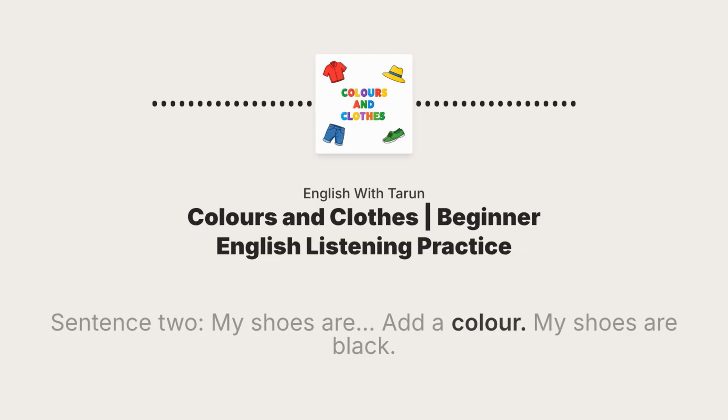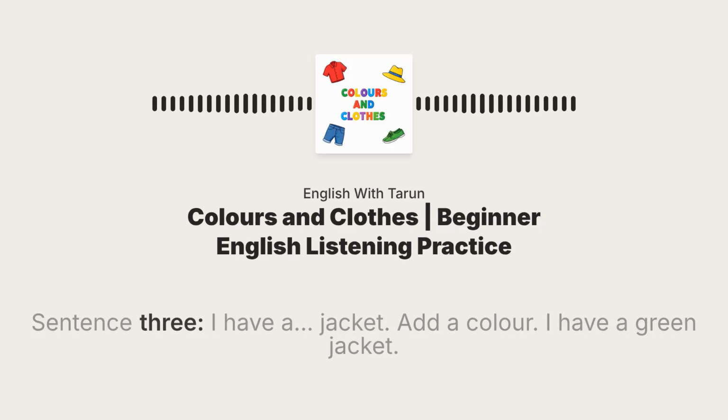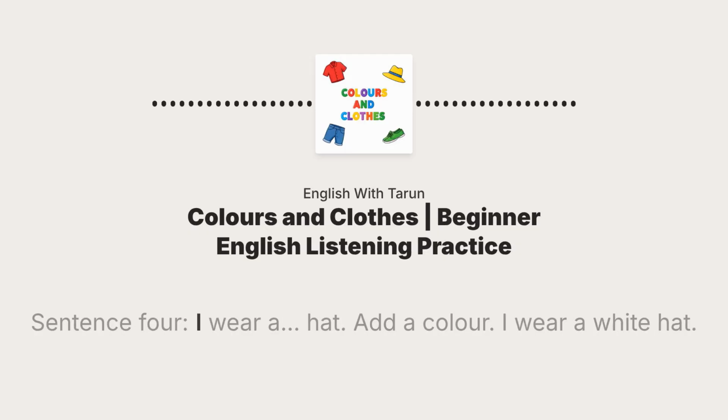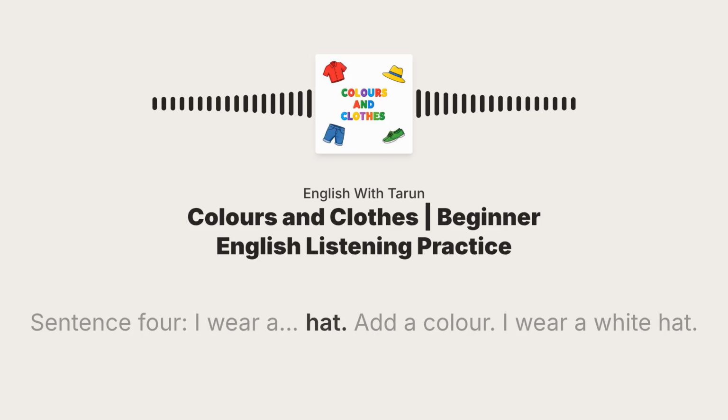My shoes are black. Sentence 3. I have a jacket. Add a color. I have a green jacket. Sentence 4. I wear a hat. Add a color. I wear a white hat.